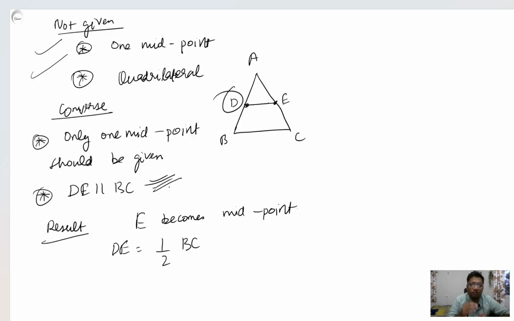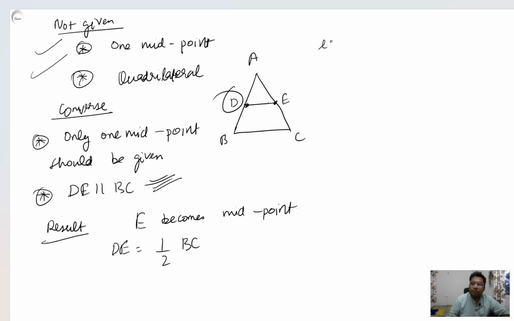You read the question and look if in any way it indicates that you are dealing with two midpoints. The moment it mentions two midpoints, you're talking about the midpoint theorem. But if the question suggests that a parallel line is already given and one midpoint is given, that means you're looking at the converse of the midpoint theorem.